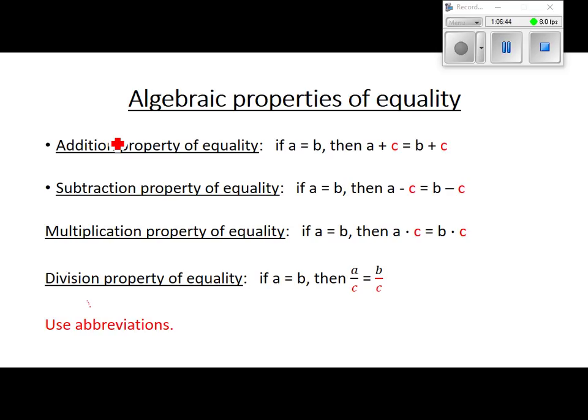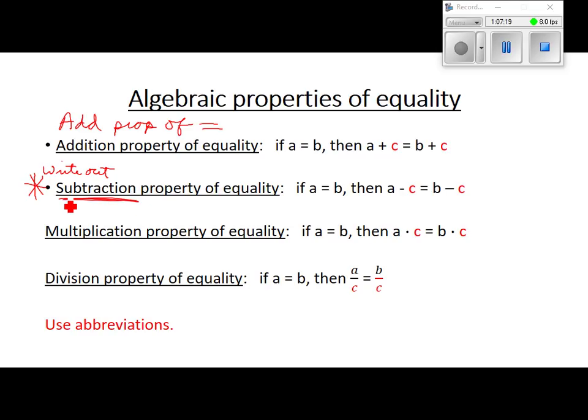When you're writing these, I probably should have said this a minute ago, these are algebraic properties. I would abbreviate. I wrote it down here. So instead of writing out addition property of equality, this is what I would write: Add prop of equals. That's good enough. I'll know what you mean. Now the one that you can't really do that with is subtraction. So subtraction, you need to write it out. At least write out the word subtraction.